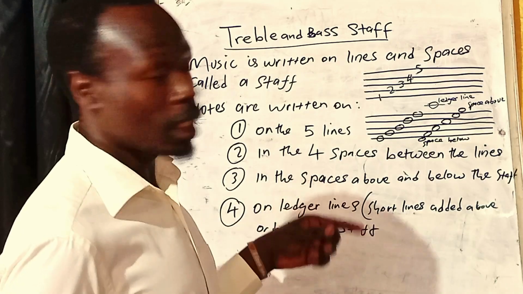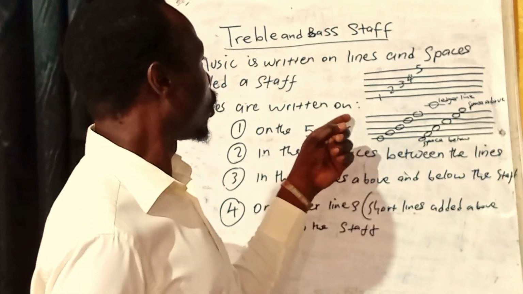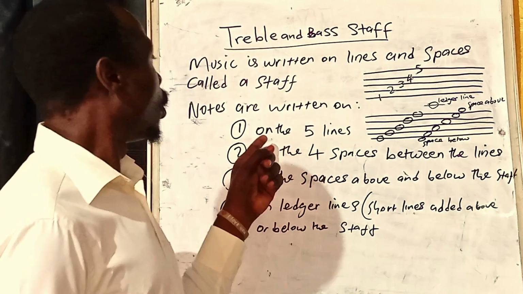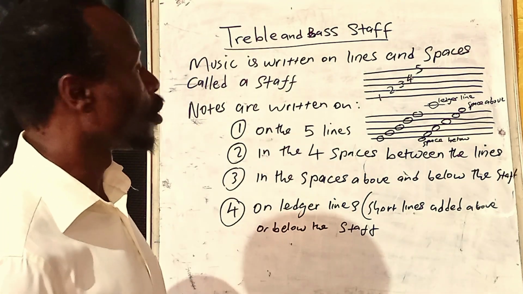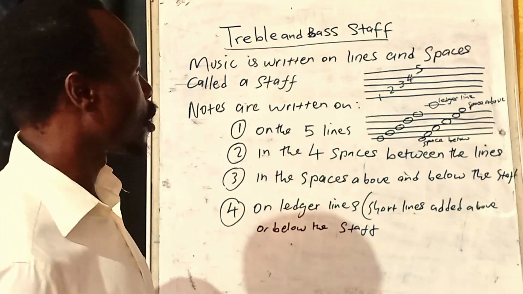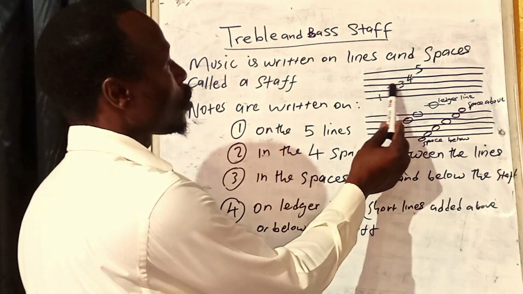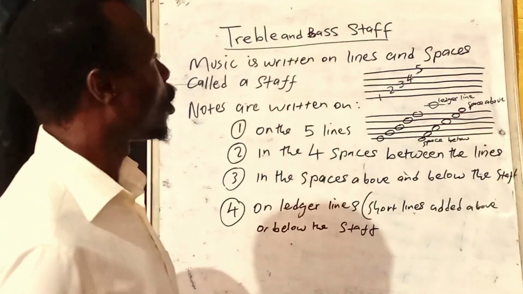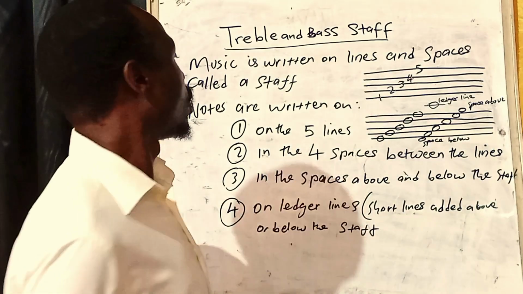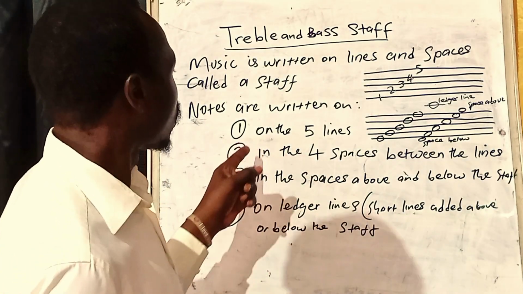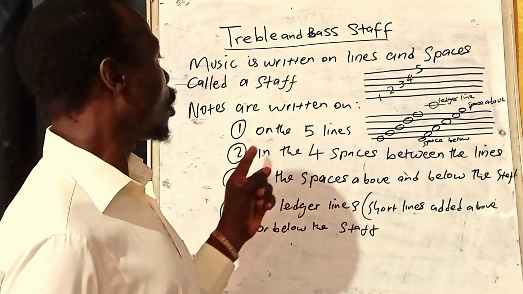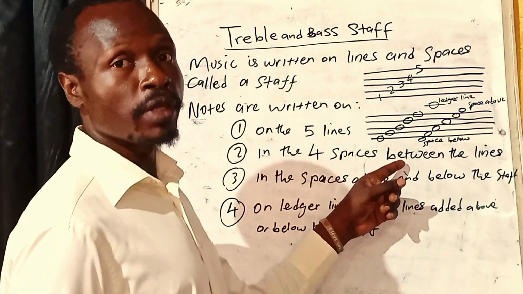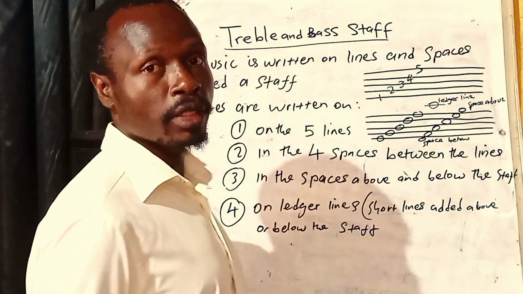Then I proceeded and said notes are written on the 5 lines, these lines 1, 2, 3, 4, 5. Notes are also written in the 4 spaces between the lines.